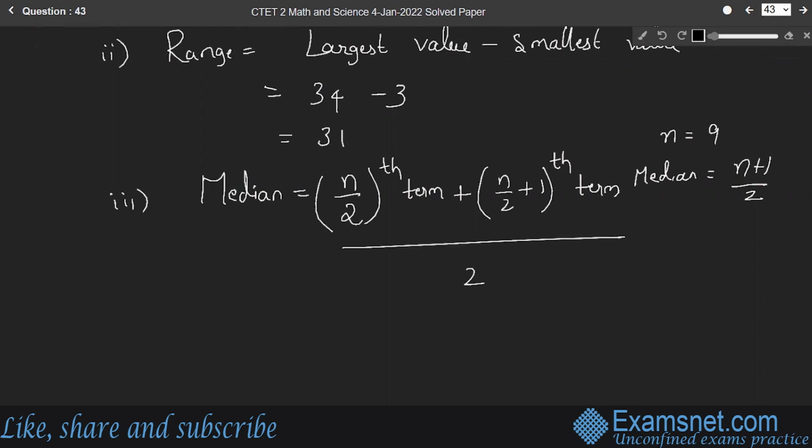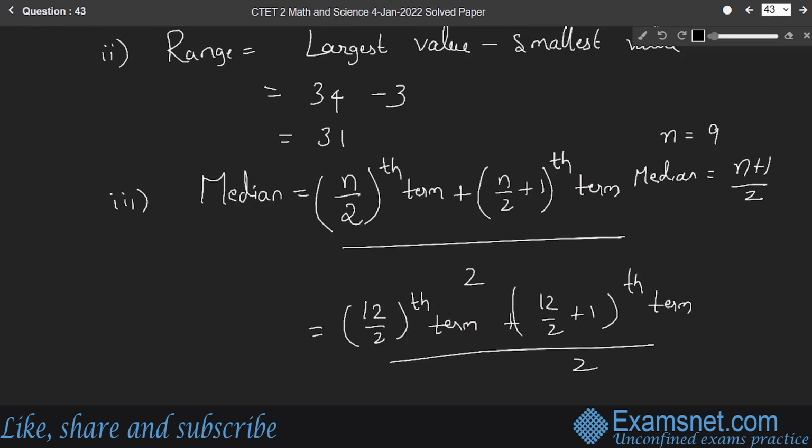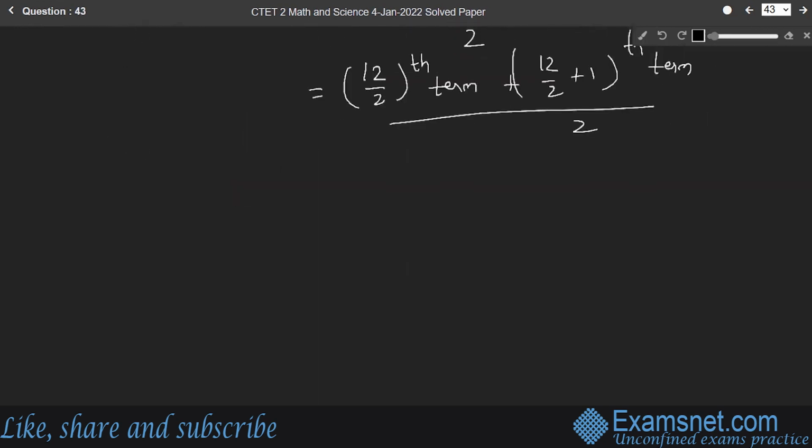So median is equal to the 12 by 2 term plus the 12 by 2 plus 1 term, whole divided by 2, which is 6th term plus 7th term by 2.